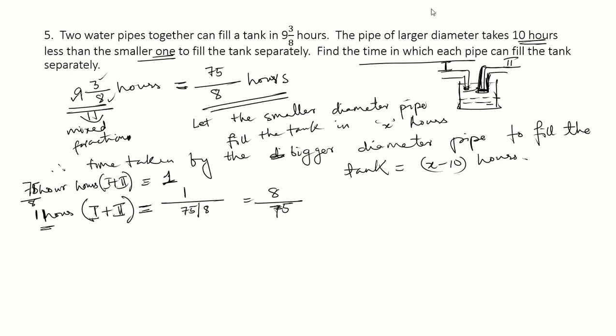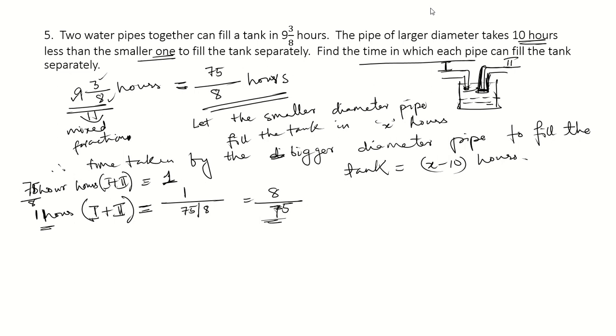If you write 100%, then we are converting everything into percent, but here instead of 100%, I wrote it as the fraction 1. So if in 75 over 8 hours it fills the entire fraction 1, then in 1 hour, just by the unitary method, both together will fill 8 by 75 of the tank.